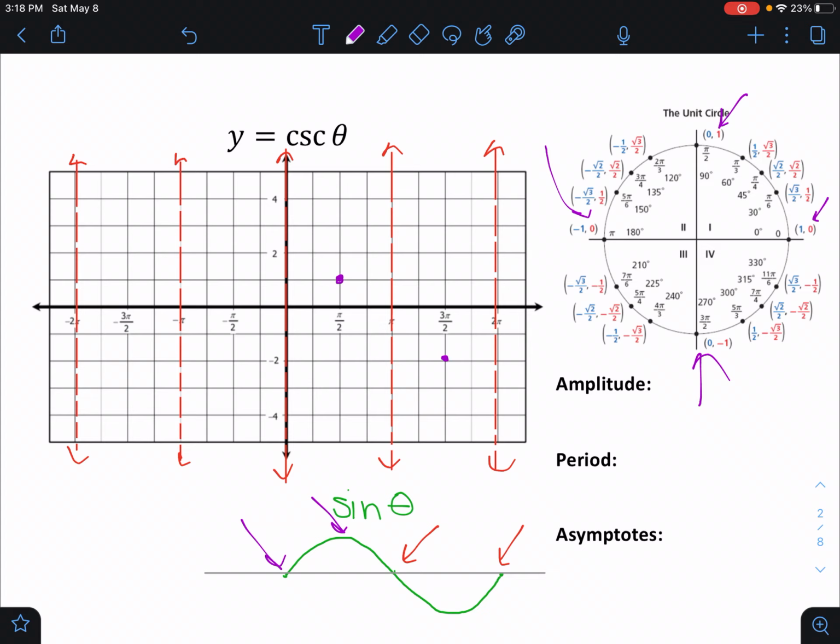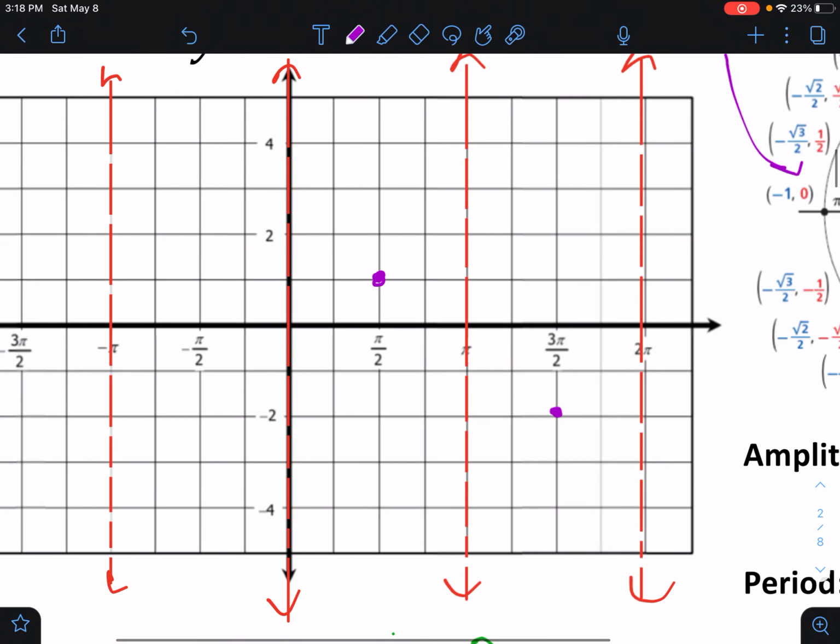Okay, what happens in between here? Well, at pi over 4, so let's say we're right here. At pi over 4, we would take the reciprocal of square root of 2 over 2. So that would be 2 over square root of 2. If you type that into your calculator, you get about 1.4. So it's something like right around here.